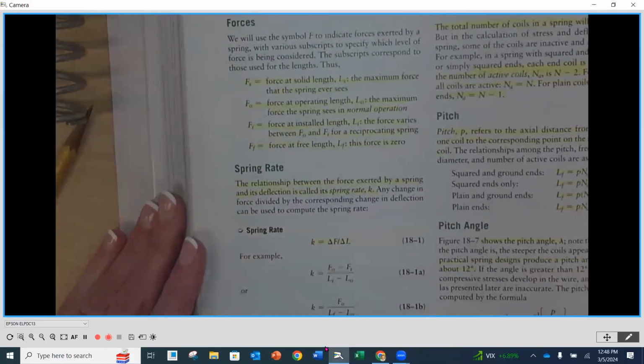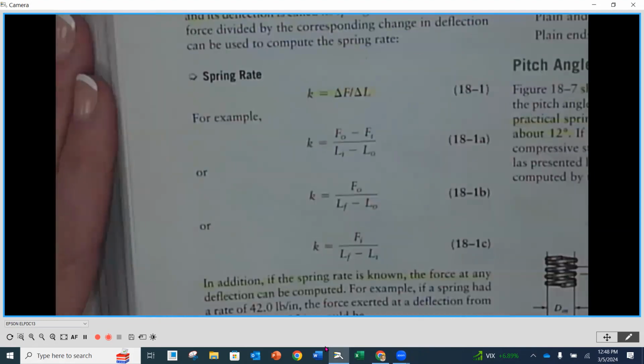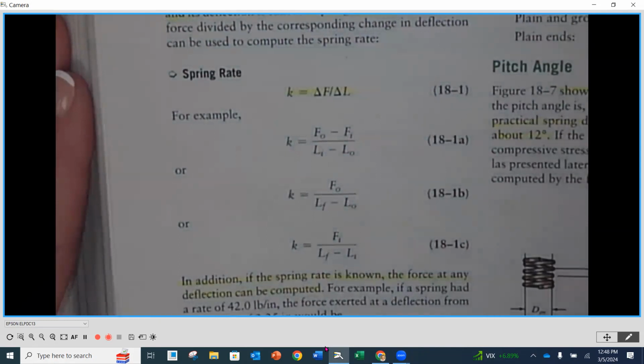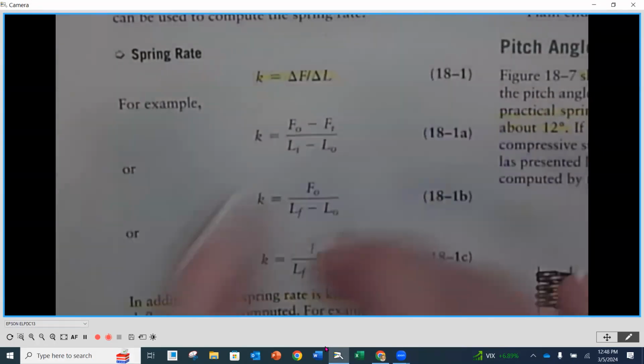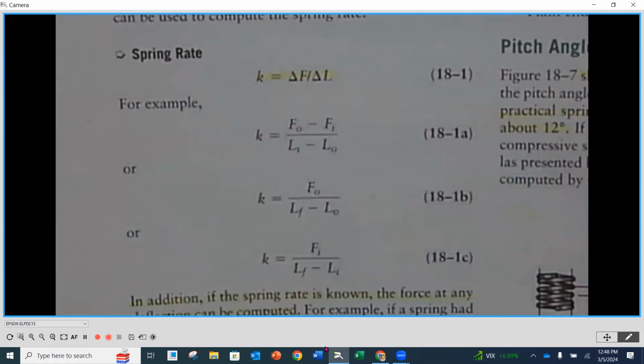So down on the first column towards the bottom here, these are our options for spring rate. Now, in its generic variable form, we look at spring rate as being the change in force divided by the change in length on that spring. Okay, so it's a deviation of whatever I start with to whatever I end with, in each case, the force and the length.